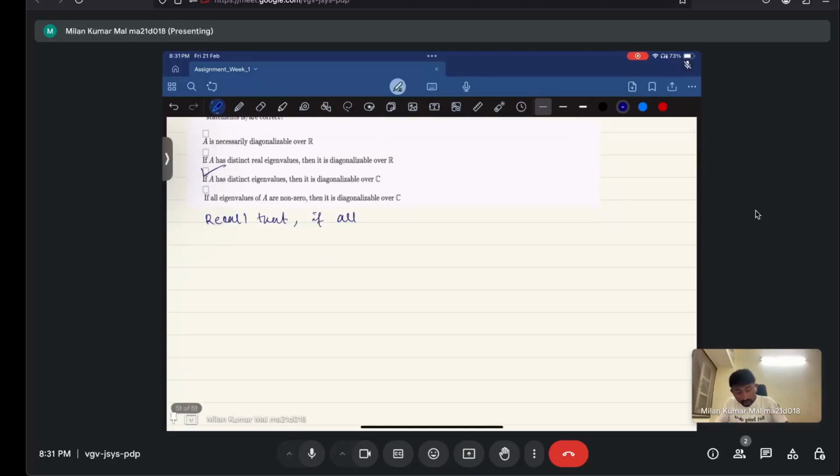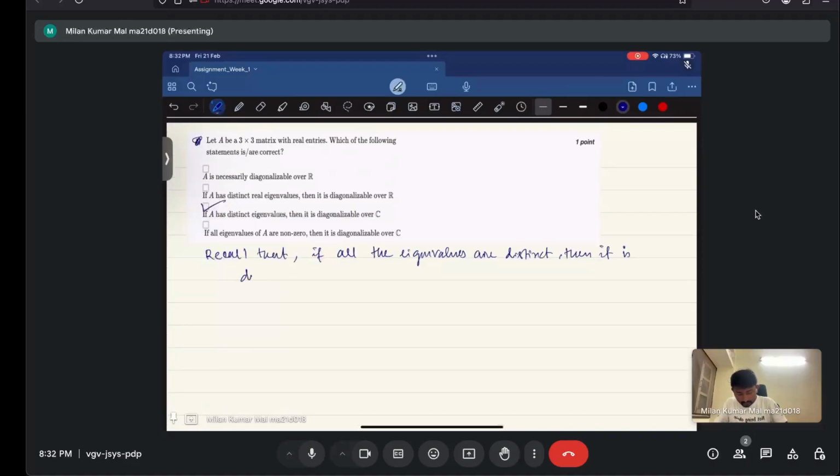Recall, if all the eigenvalues are distinct, then it is diagonalizable.